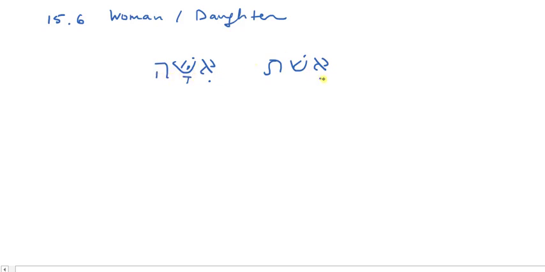It actually takes a segolate pattern with stress on root 1: eshet. So isha, woman or wife. Eshet David would be the wife of David. Eshet Moshe, the wife of Moses. So the feminine singular construct form of isha is adopting a segolate pattern.